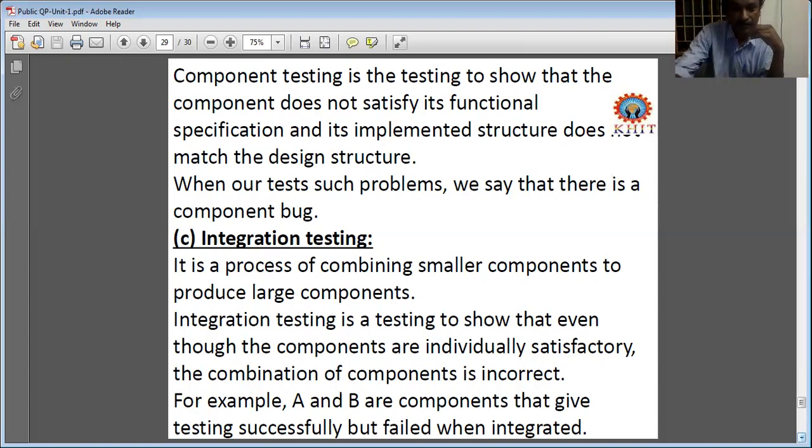For example, A and B are components that pass testing successfully, but fail when integrated.